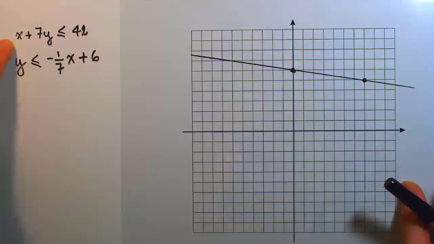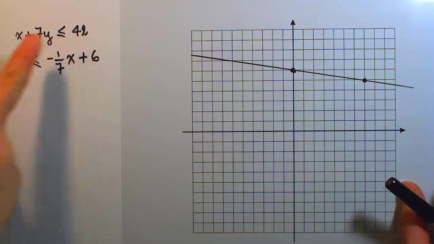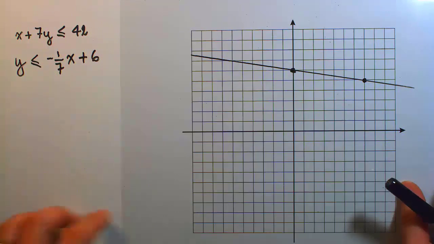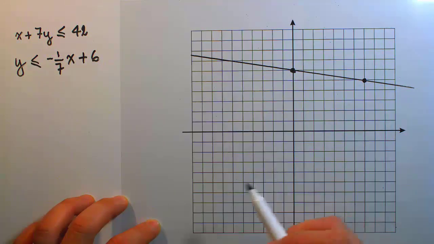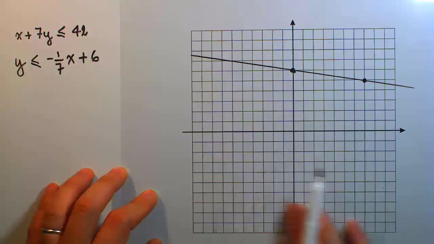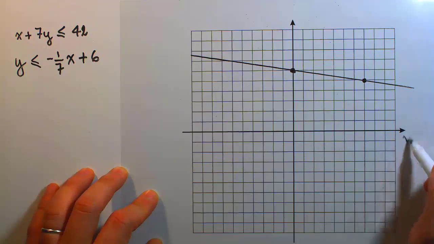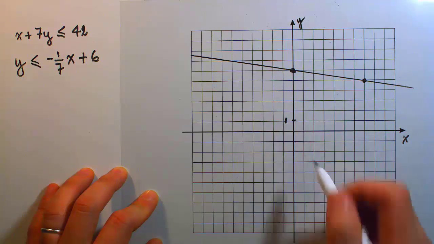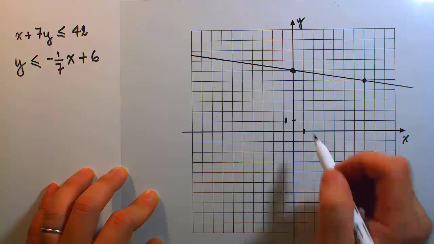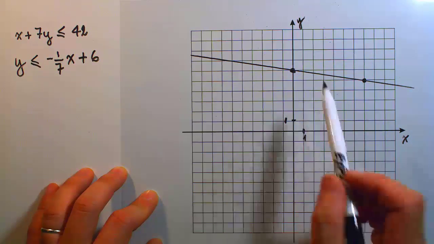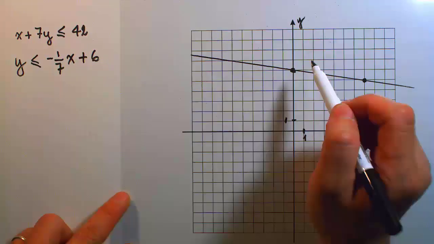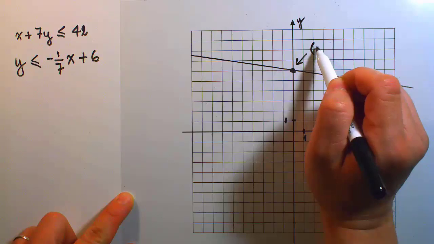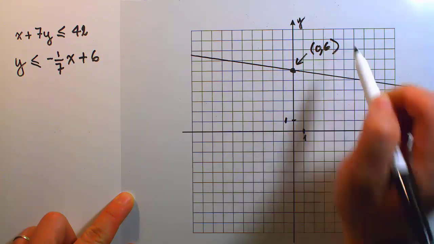We can read that as the line x plus 7y equals 42, or in slope-intercept form, y equals negative 1/7 x plus 6. So here's the line right here. I have to clarify one thing: on the graphing space I'm currently using, each square unit on the vertical axis is 1, and on the horizontal axis is also 1. That means the y-intercept on this line is at coordinates (0, 6).